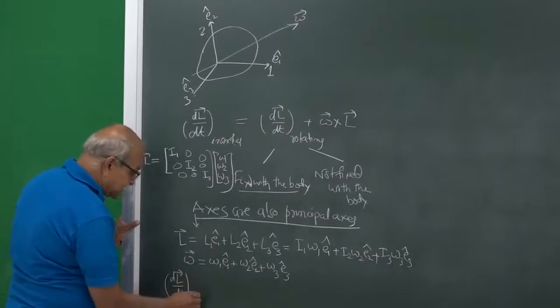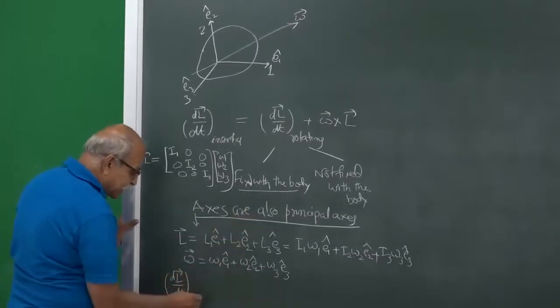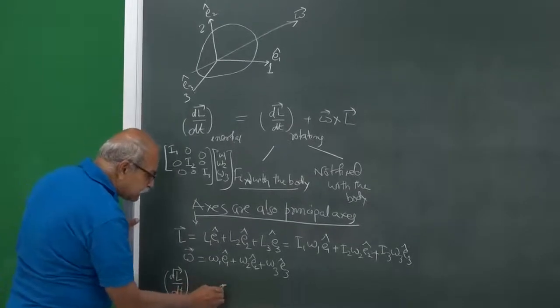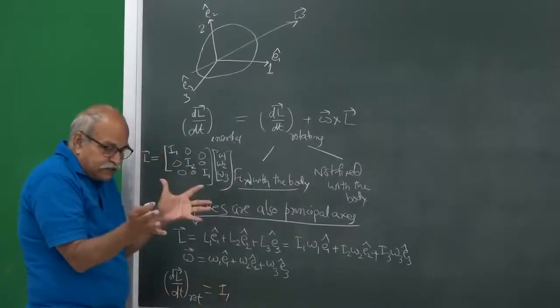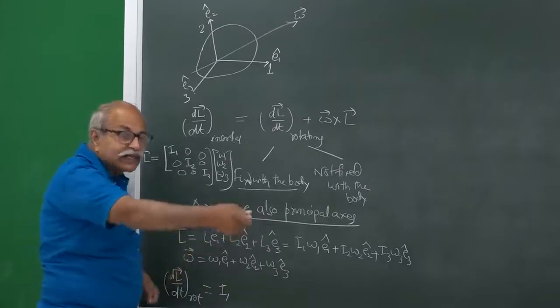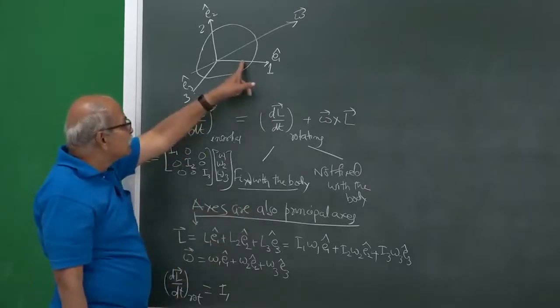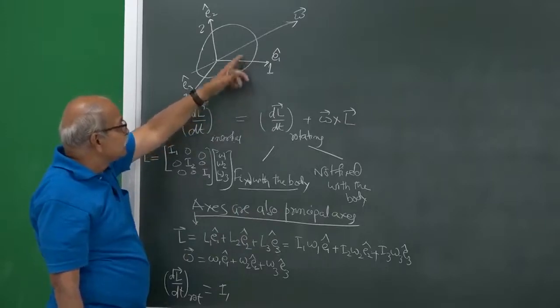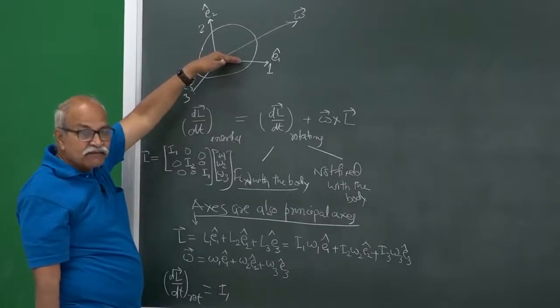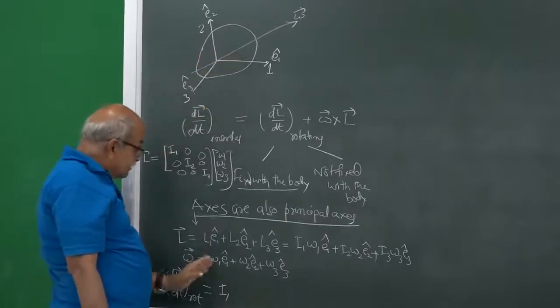dL/dt in this rotating frame, in this body-fixed principal axis frame, I1 will not change. Now, you are fixed with the body, the axes are fixed with the body, the x axis or one axis that you have chosen is fixed with the body. So, I1, which is Ixx, the usual moment of inertia about the one axis, is not going to change with time, but omega 1, yes, it can.